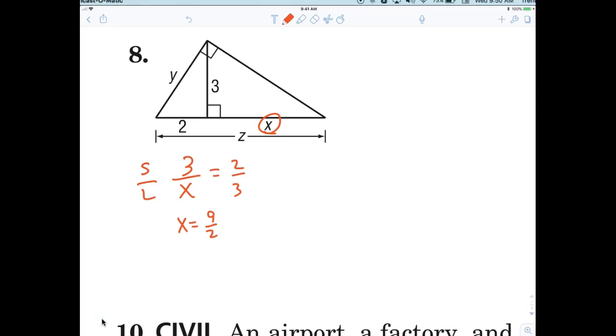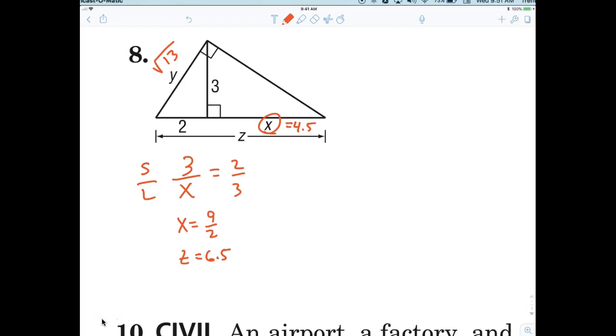Now, the reason why I think 4.5 or 9 halves, it doesn't matter, because then we have z is what? We automatically know z is 6.5. Now, I would like everybody to just look up there and say y is obviously the square root of 13, right? How did I get that so fast?